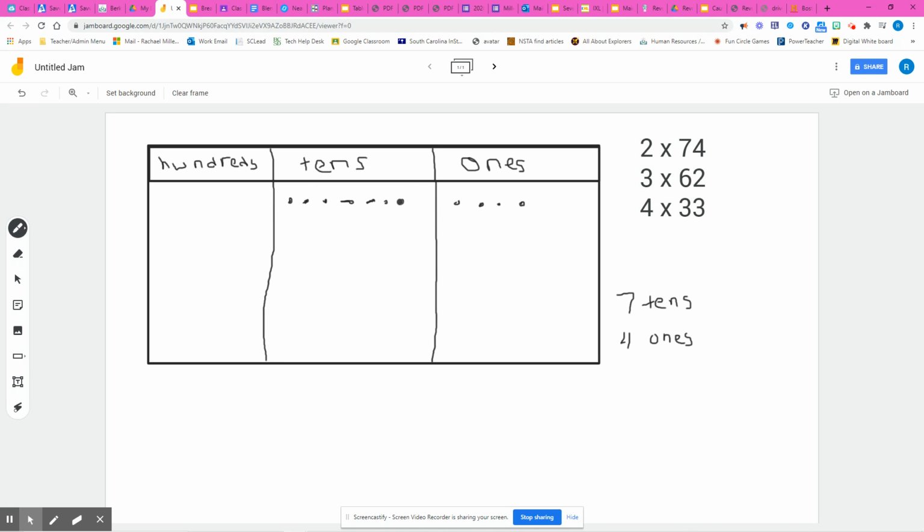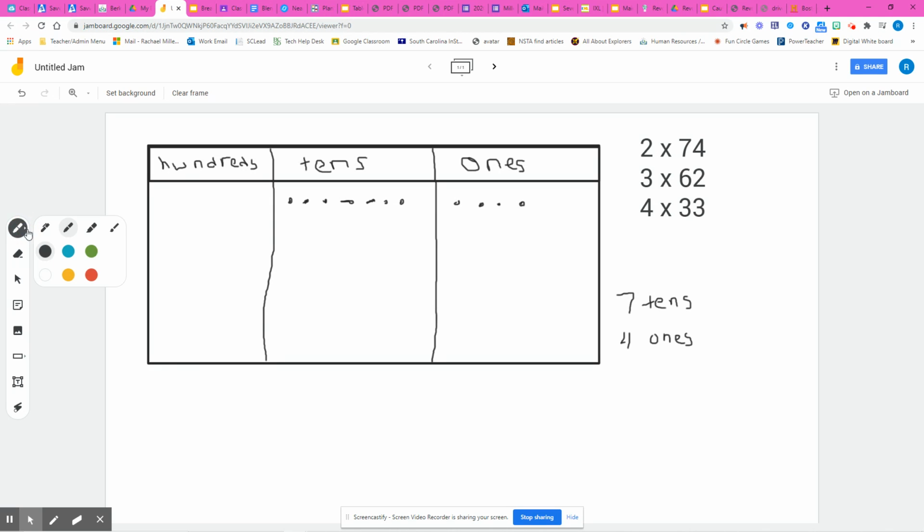This equals 74. Now, when we multiply 74 by 2, we know that we can say that as two groups of 74. So if we have 74 ones, we're going to need another group of 7s and 4s.